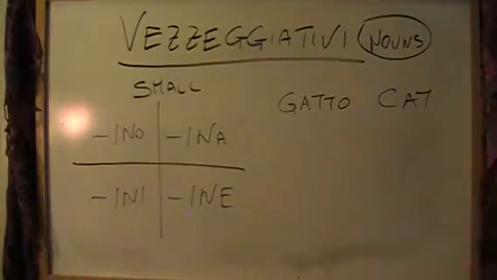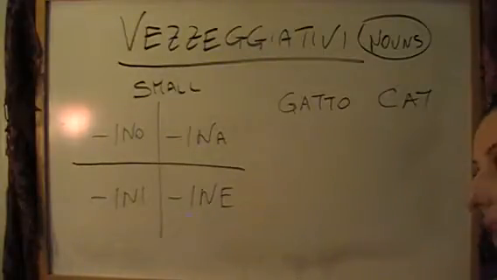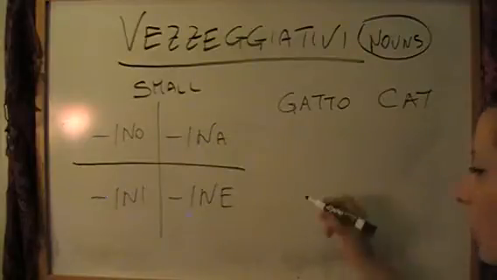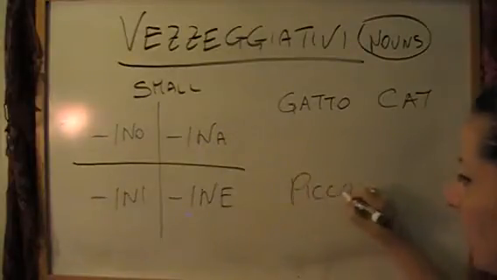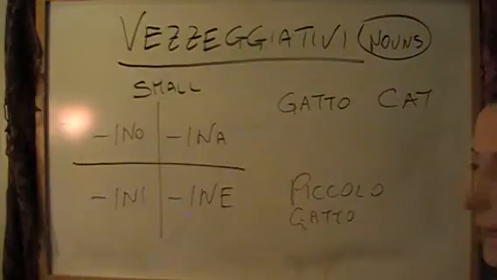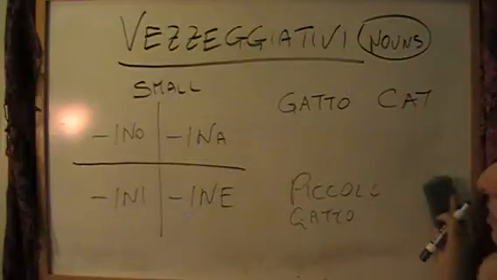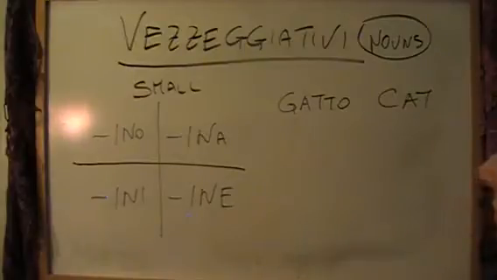In Italian, no. In Italian, you don't need to use the adjective piccolo. In fact, Italians wouldn't say piccolo gatto. You just modify the word.